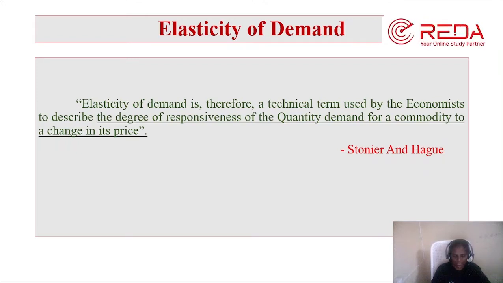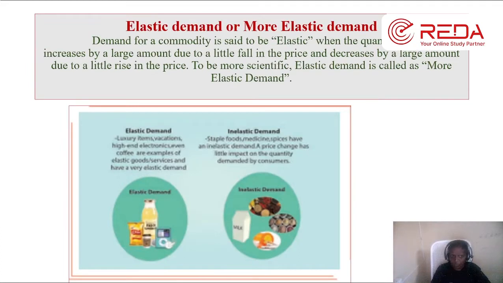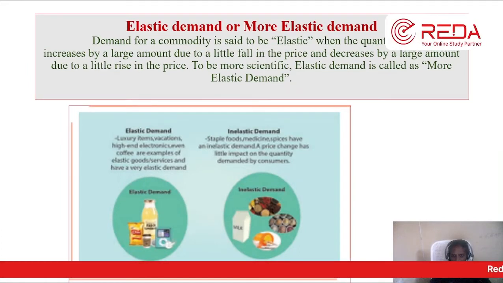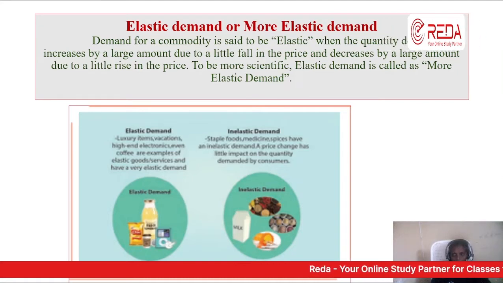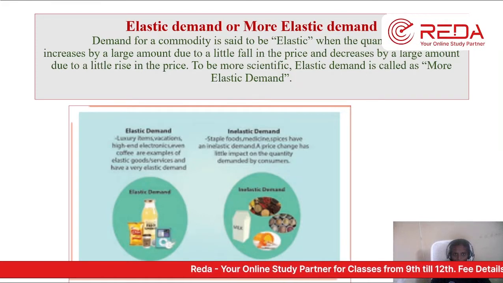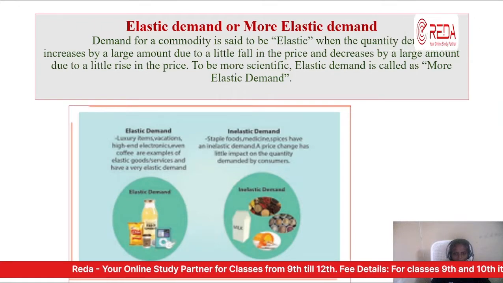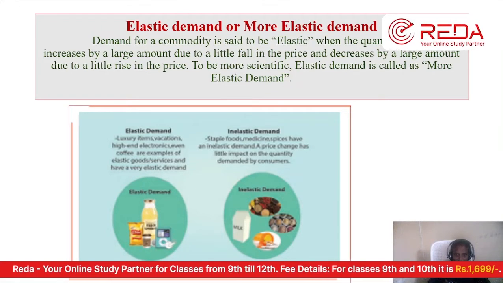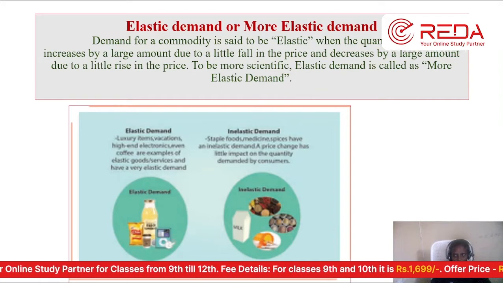We call it the elasticity. Here we see elastic demand. Demand is said to be very elastic when the quantity demanded increases by a larger amount due to a little fall in the price. Though there is only a little fall or rise in the price level, this elasticity of demand happens.